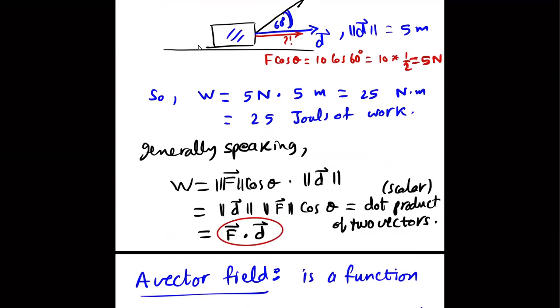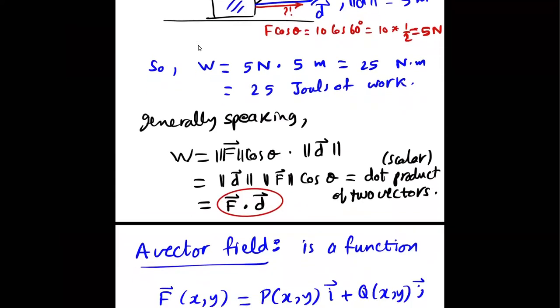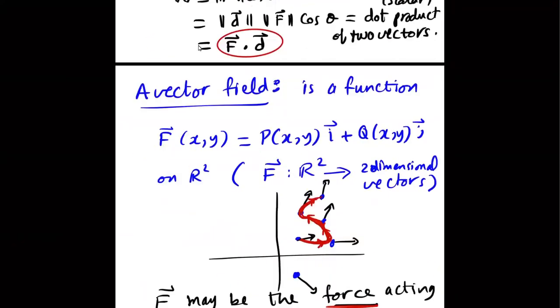we are used to this formula before. F dot D calculates the work done by this force to make displacement vector D. For the vector field, the force is not constant. Even D is not constant. So how do we calculate the total work done by this force field to move an object from this point on the curve, along this curve, up to this final point on the curve?